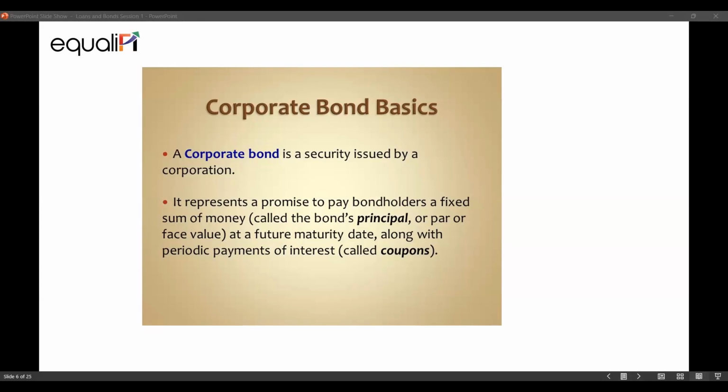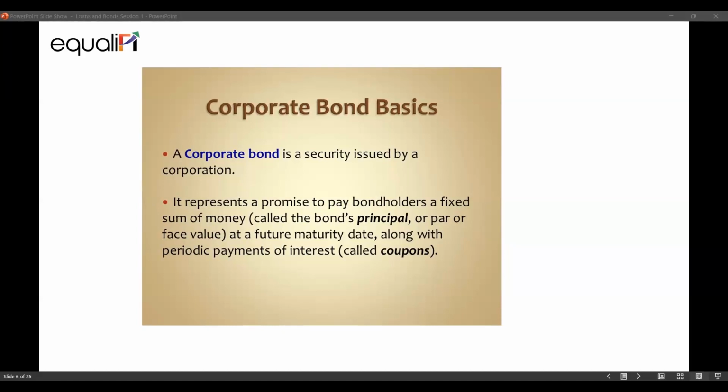Say 10,000 at par value, coupon rate is 5%, and the tenor is 5 years. Year one, year two, year three, year four, year five.